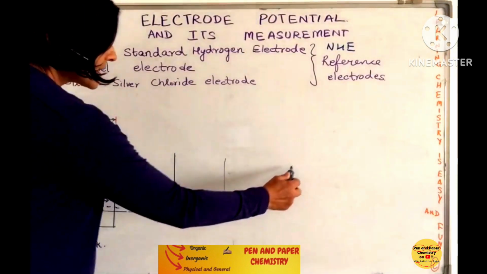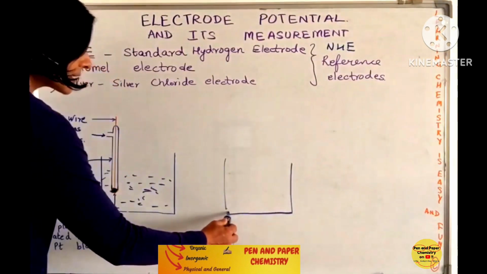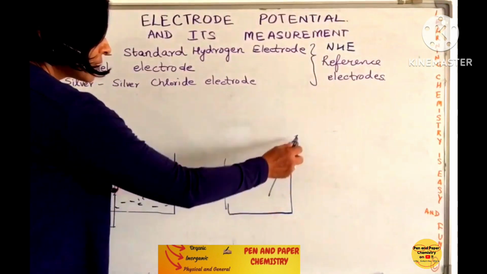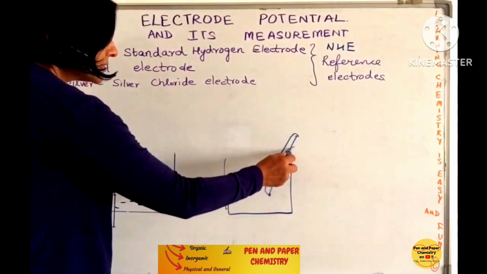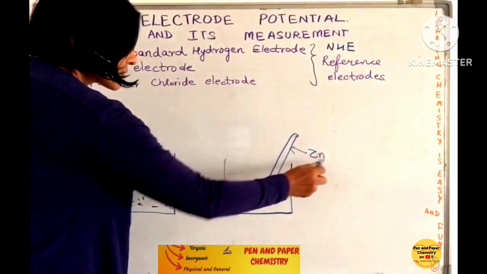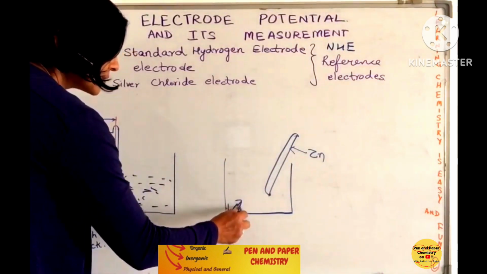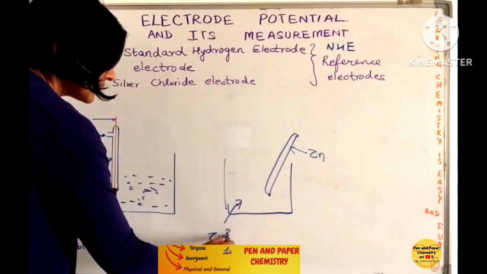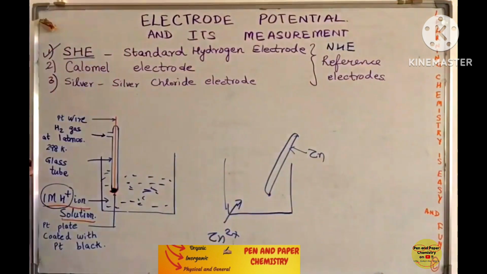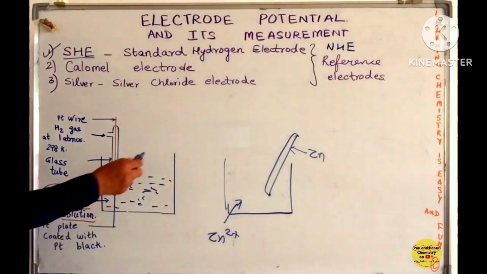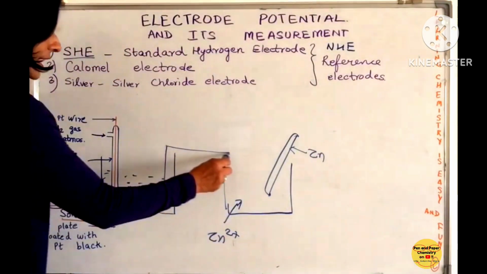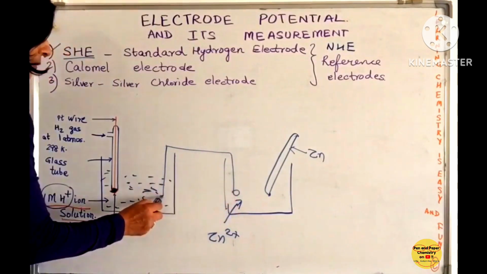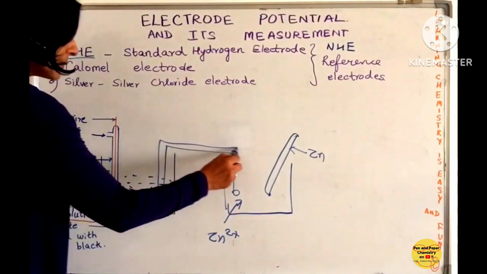So let me say I want to measure the electrode potential of zinc. What do I do over here? I'll take a zinc rod in a solution of zinc ions. So I have this in place. Of course, we will have the salt bridge. We can't forget the salt bridge.